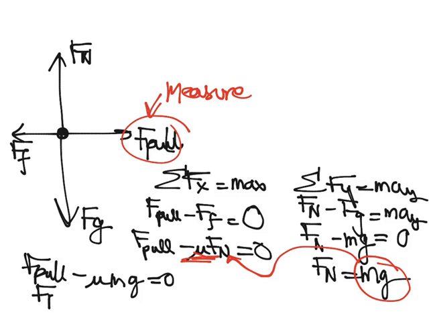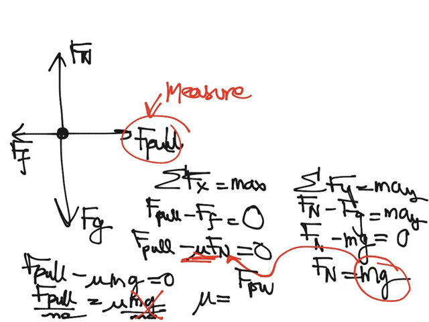I have F pull equals mu mg, and then my last step is to divide both sides by mg. When I do that, these go away, and I end up with my coefficient is equal to F pull divided by m times g. F pull I can measure, m I can measure, and g is always 9.81.